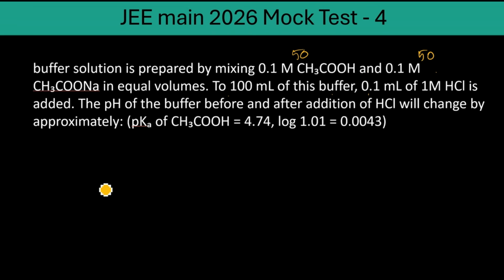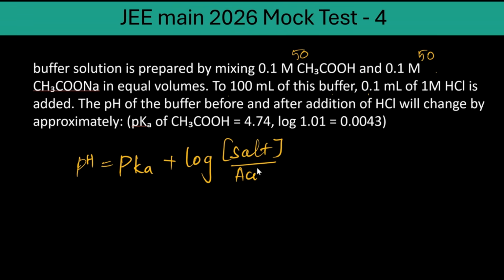So first let's calculate the pH we have. That is pH is equal to pKa plus log of salt by acid concentration, right?